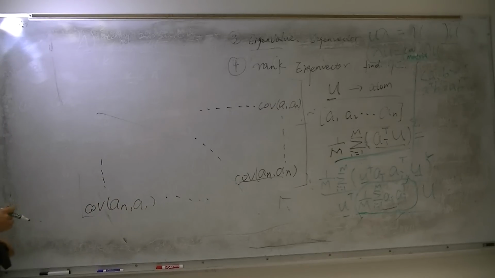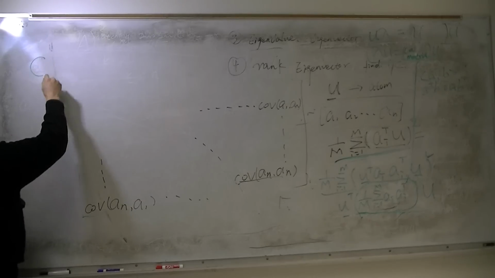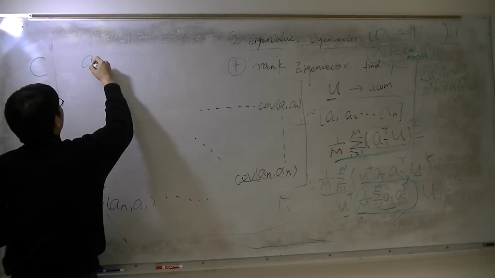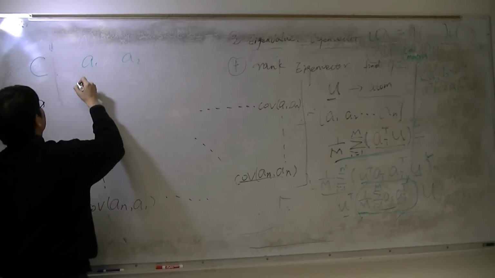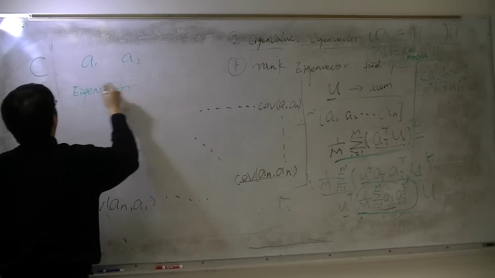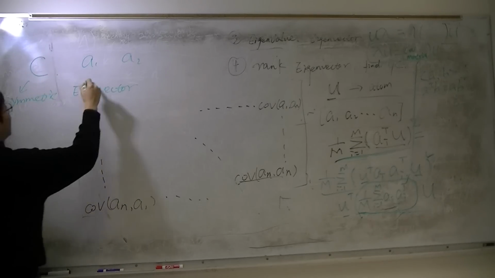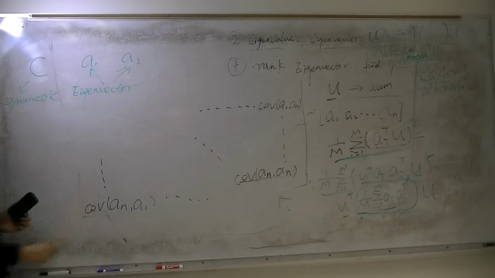So this covariance matrix is a real symmetric matrix. And suppose we have a symmetric matrix C, and A1 and A2 are C's eigenvectors. So I want to prove that for a symmetric matrix, the eigenvectors are orthogonal.